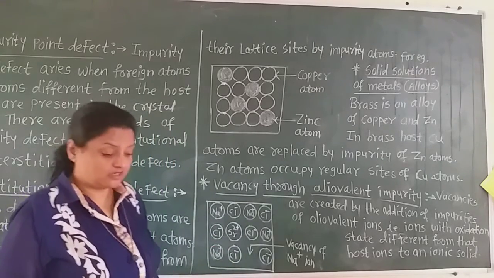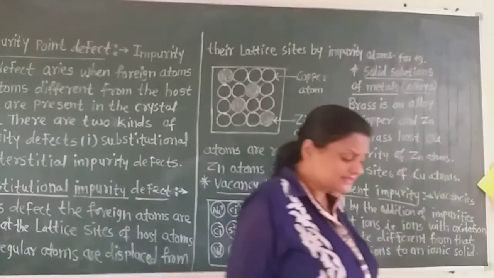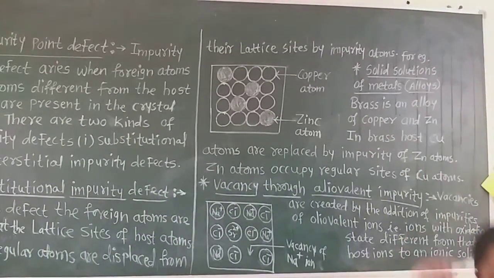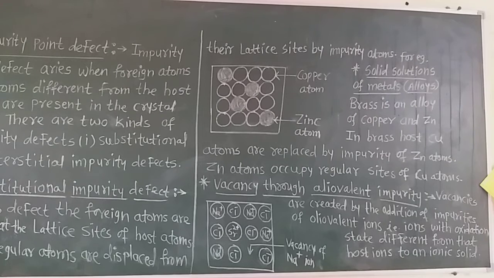Now this is the example of the aliovalent ion. Suppose that a small amount of strontium chloride, SrCl2, impurity is added into the NaCl during crystallization.